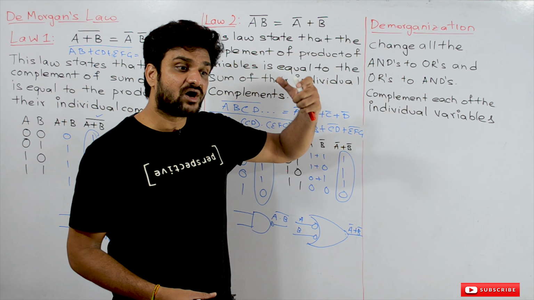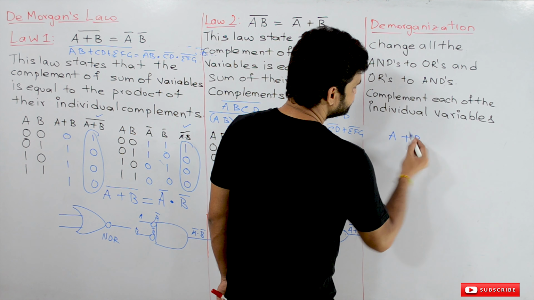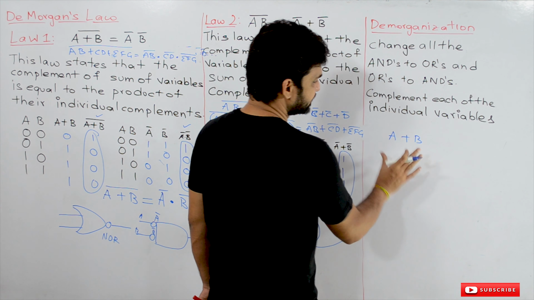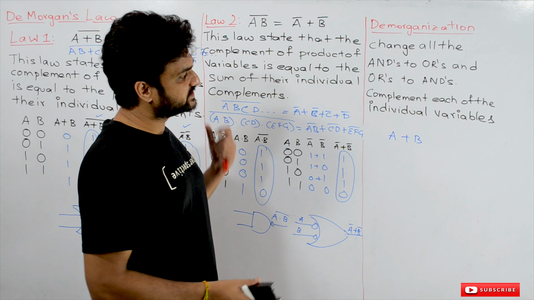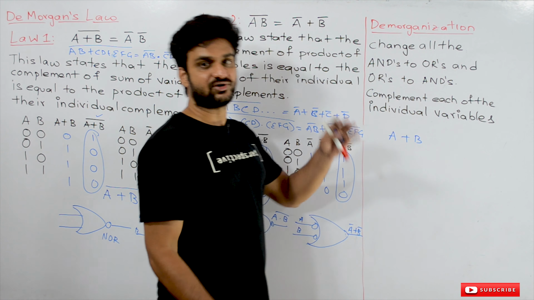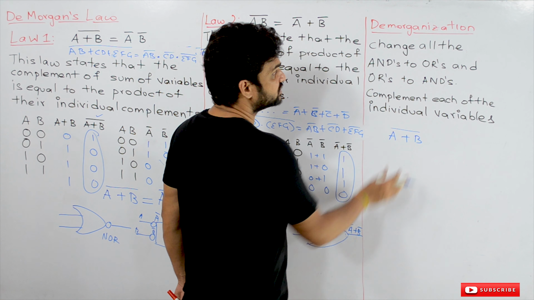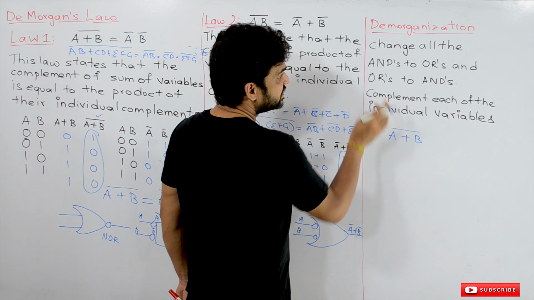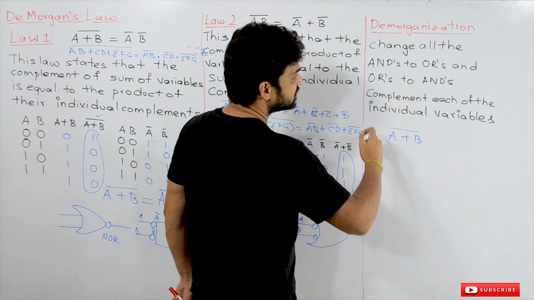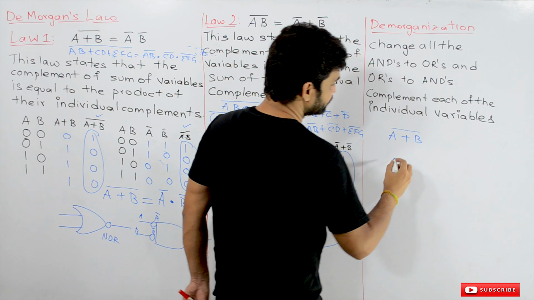So let's try to understand it by using this example. Let's take a simple example, because in the next video we will take complex examples and try to solve them. Now if you try to find the complement of it, what De Morganization states is, if there is an AND symbol, it has to be converted into OR. If there is an OR symbol, it has to be converted into AND.